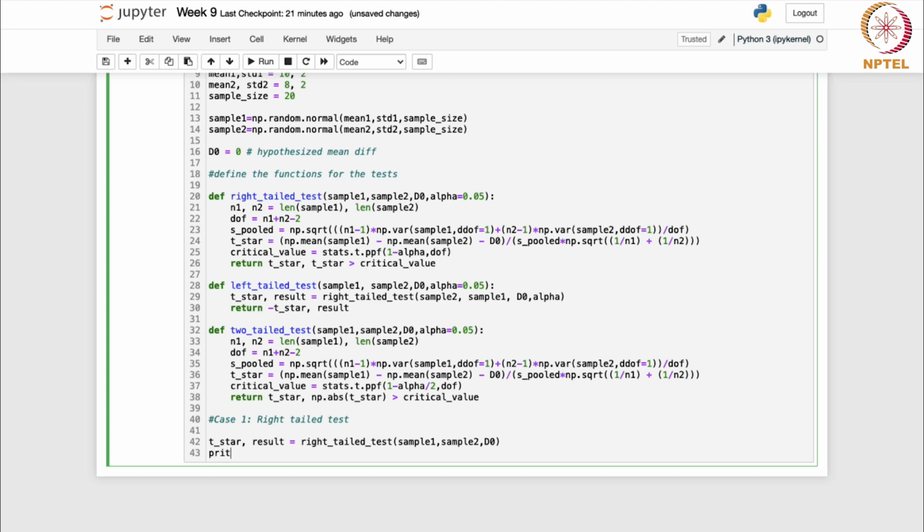Okay, finally it is going to print right tailed test, the right tail test statistic is T star, and reject H naught, whatever result we have obtained.